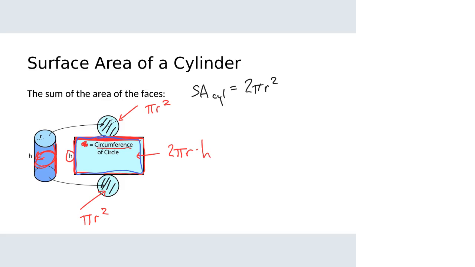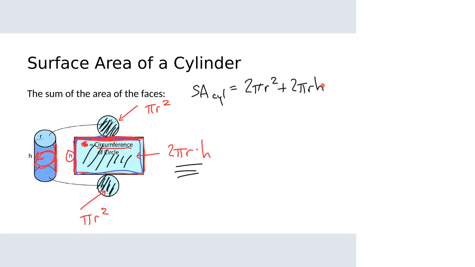If you're not sure where that came from, please let me know. Now, when I'm building this formula for the surface area of a cylinder, 2 pi r squared is that much. Now I need the area of this rectangle, which is 2 pi r h, so I need to add that on.